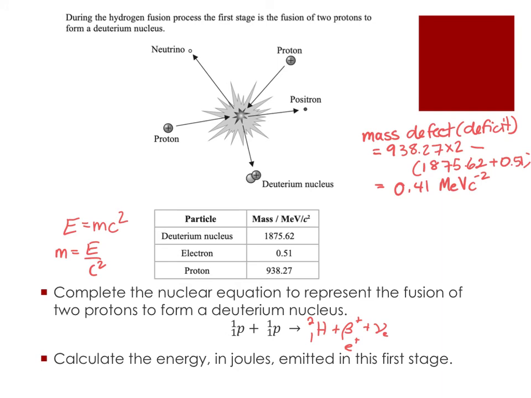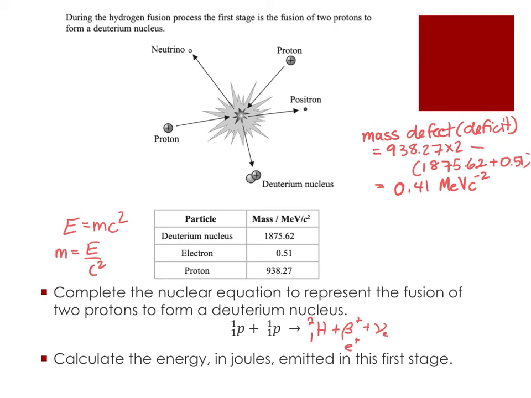Okay, so you can see here I've calculated the mass defect, or sometimes places call it the mass deficit. I've started off with the mass of the proton times 2, because I have 2 of them. I've subtracted off the mass of the deuterium and the mass of the positron. If you remember, the neutrino doesn't have a mass. When I do that, I calculate the difference in mass as being 0.41 mega electron volts per c squared.